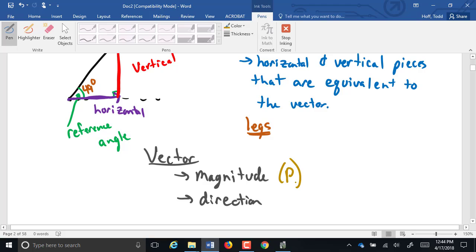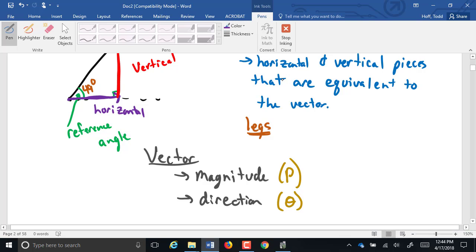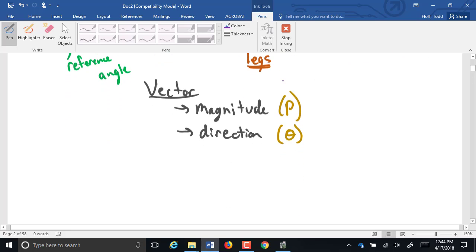Well, the letter capital M is used for a lot of other things, momentum and stuff like that. So the letter P is used for the magnitude of a vector. The direction, this one should be a shocker. Theta is our direction. So then the notation for the horizontal component.